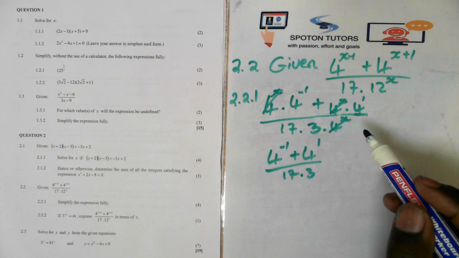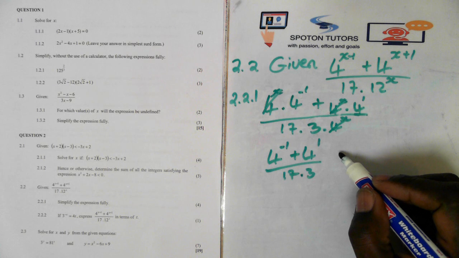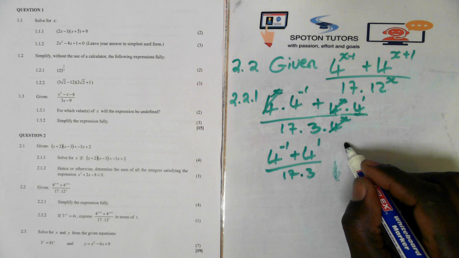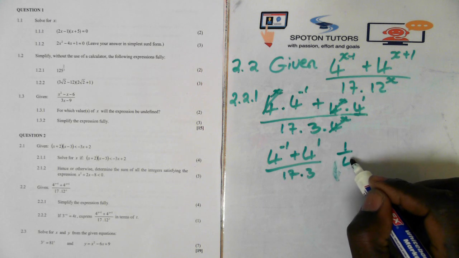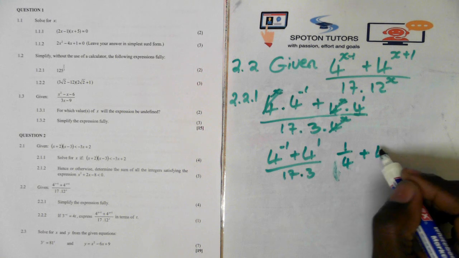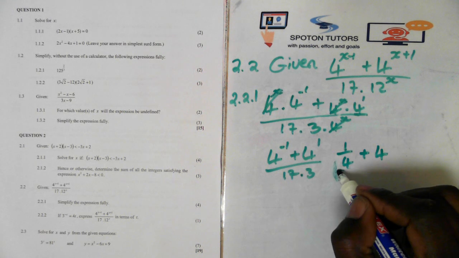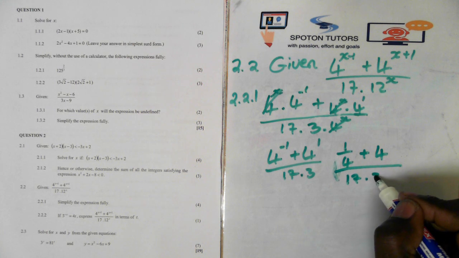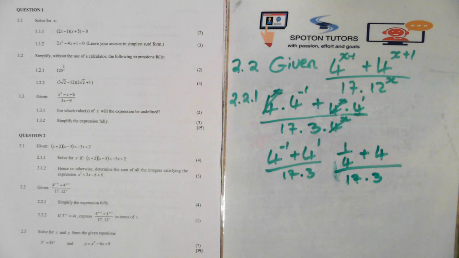That's what it means. So 1 over 4 plus 4, this 4, all over 17 to the power of 3, I mean times 3.